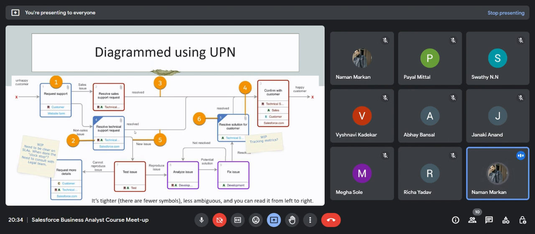Then you have to ensure that this thing is done in a particular timeline, because you have to analyze your issues, you have to test your issues, and you might need some other details while building a process. So you drill down those things.